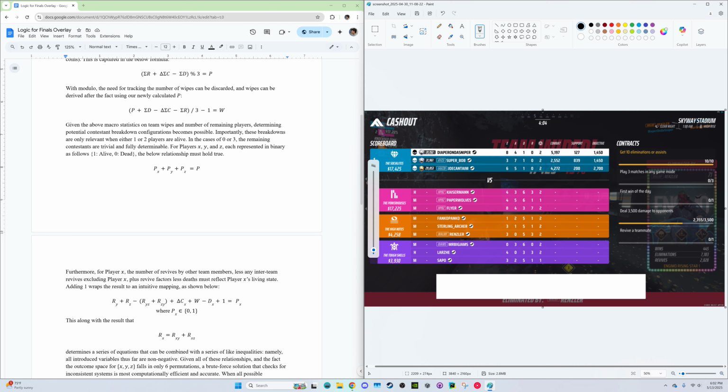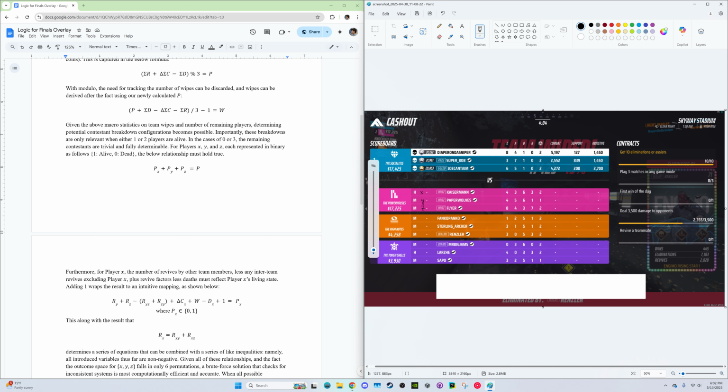So those are the 2 main equations to actually come up with the total number of people alive on each team. And then from there, you can further break it down into who is alive on the team using systems of equations. So we want to depict someone being alive on player X, Y, and Z. By the way, this will be X, this will be Y, and this will be Z. We're going to depict each of them with a binary representation.